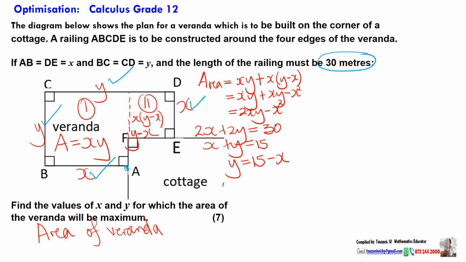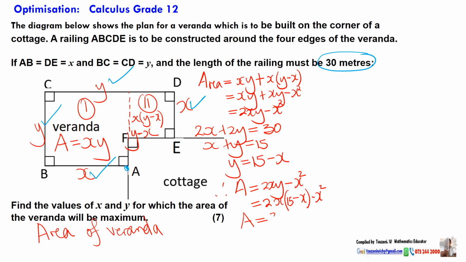Then we can say, all right, therefore, the area of our veranda, which is 2xy minus x squared, is equal to, we're going to take this y and replace it with 15 minus x. So this will become 2x times (15 minus x), and then minus x squared. Simplifying to simplest form, this is basic algebra.